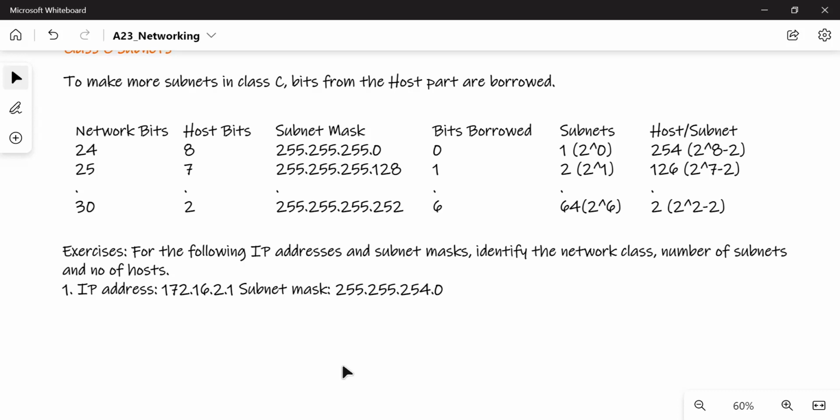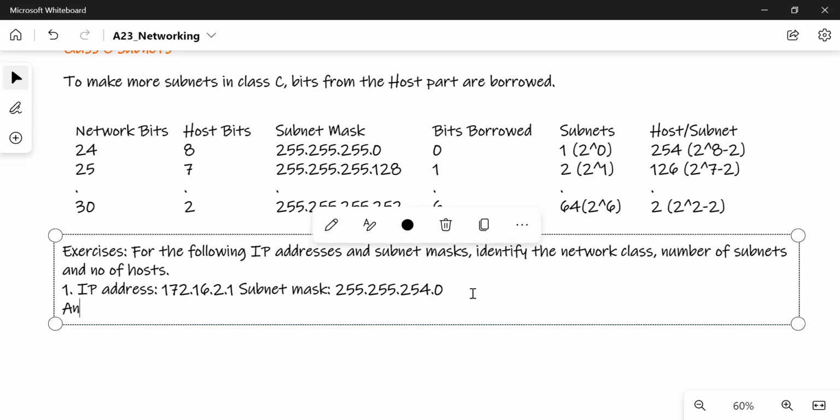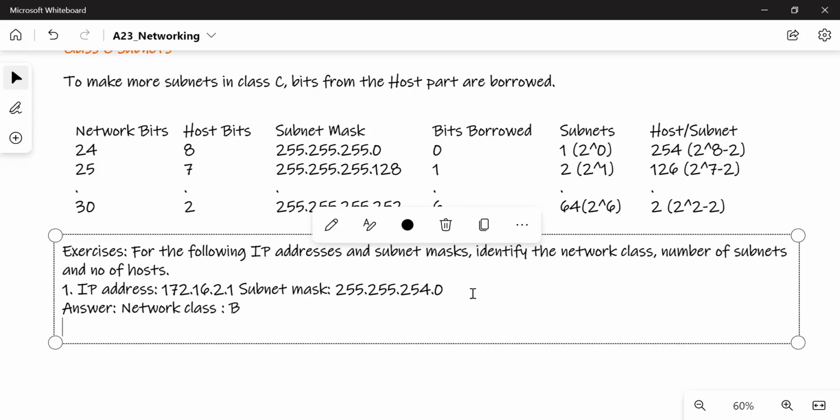When we look at the ranges that we have actually discussed in the summary, 172 belongs to class B. So the network class, we can say it's B. Now, when we say network class B, we know the default subnet mask has 16 and 16.